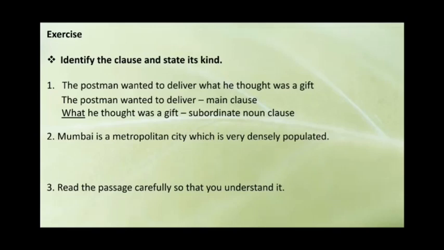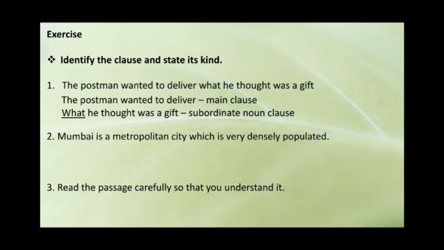So children, now what kind of clause is this? This is the object of an infinitive. If you look at the main clause, the postman wanted to deliver, to deliver is an infinitive. What he thought was a gift is the object of the infinitive.